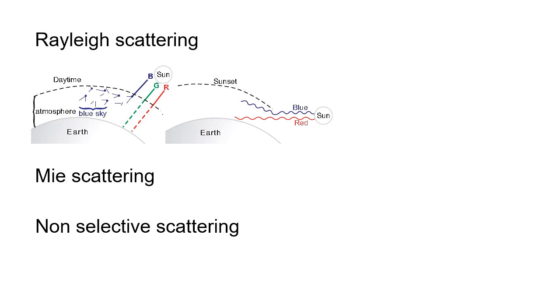When there is a sunset, the blue is still scattering, but red is reaching the surface of the earth because it has a longer wavelength. So this is Rayleigh scattering.